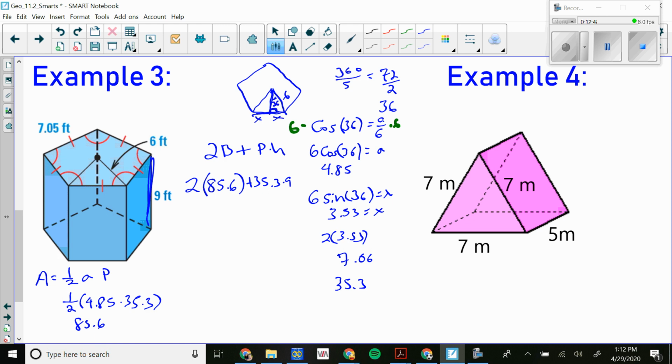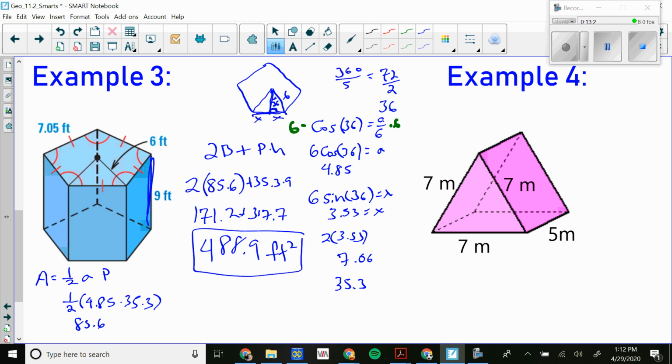So if I put this all together, 2 times 85.6 gives me 171.2 plus 35.3 times 9 is 317.7. Add that to the 171.2 from over here, and altogether this is 488.9 feet squared, or square feet.